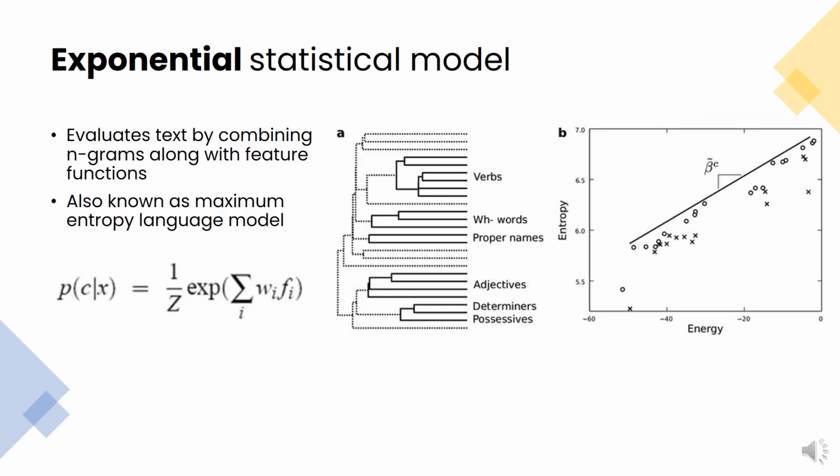Exponential models evaluate text by combining n-grams along with feature functions. The goal is to minimize the energy and maximize entropy. In this case, the features and parameters of the desired results are already specified.